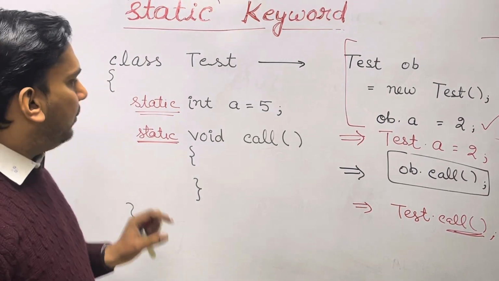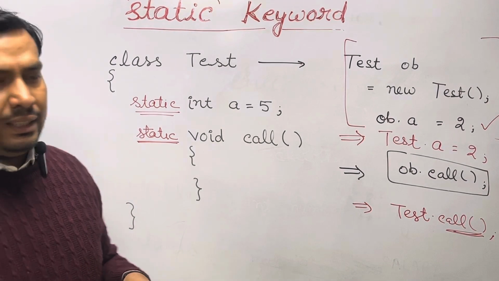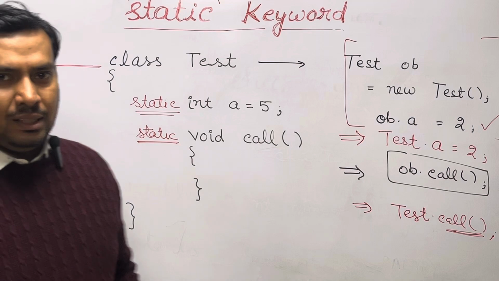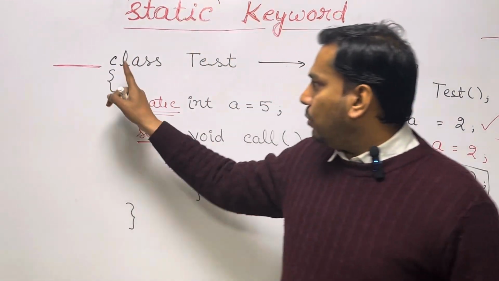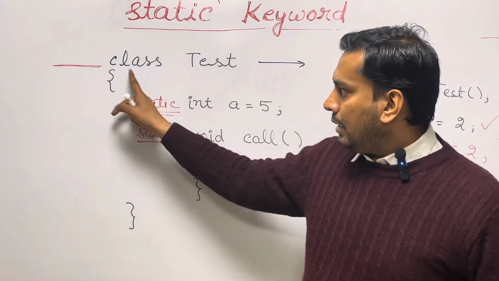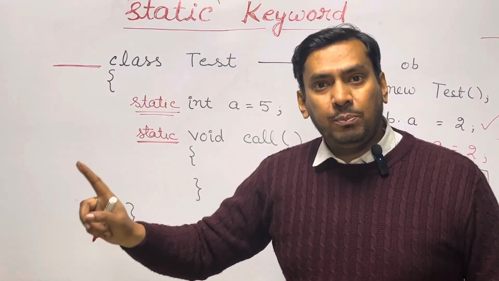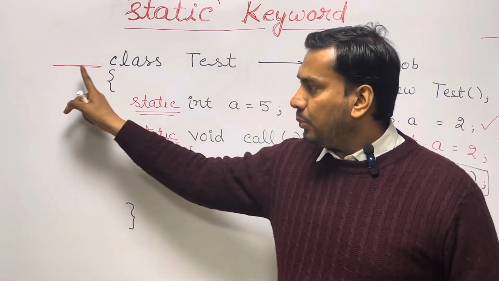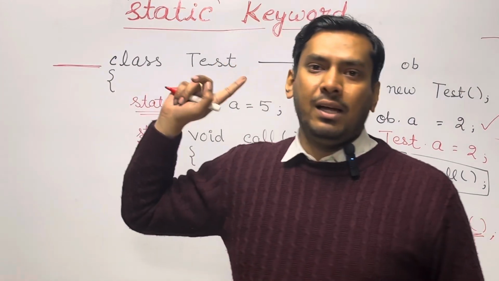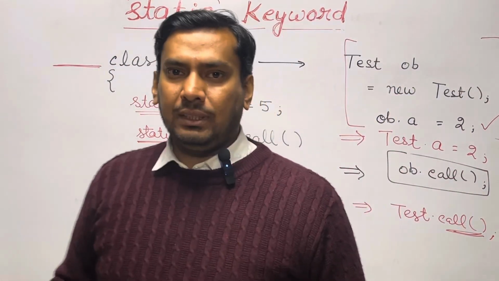But as of now, you just understand that a nested class can also be static, but a normal outer class cannot be declared static. Similarly, the outer class cannot be declared private or protected. Private or protected access modifiers are not allowed with the outer class. The static is also not allowed with the outer class. Fine.